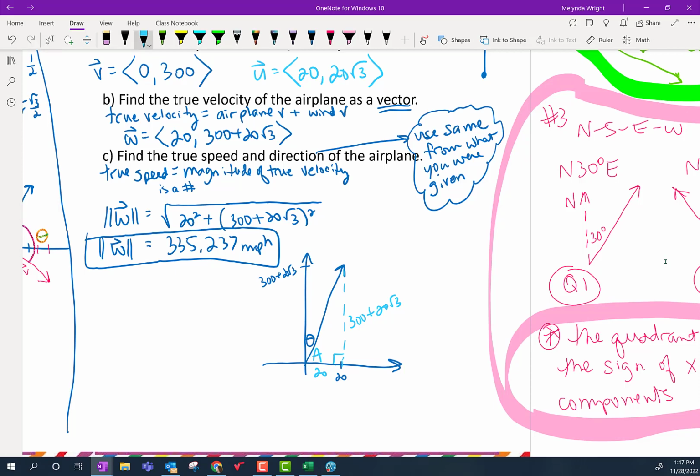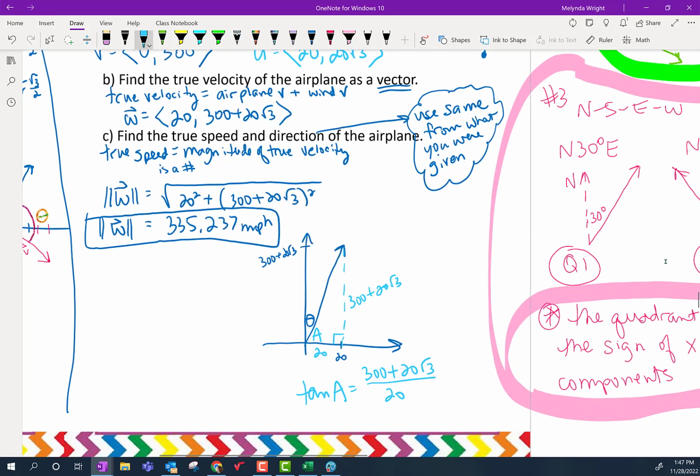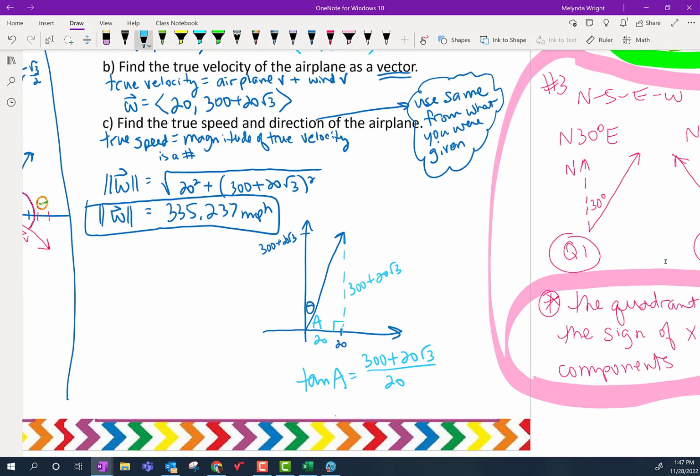So we're going to use tangent A equals opposite, which is 300 plus 20 root 3, over adjacent. Again, we've already gone through this calculation, so I'm just going to tell you, when I put it in my calculator, this is the angle I got: 86.5797 degrees. Is that the angle measurement that I want to use? No, that's the angle measurement for A. I need theta.